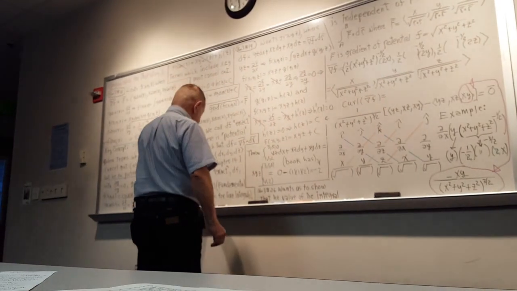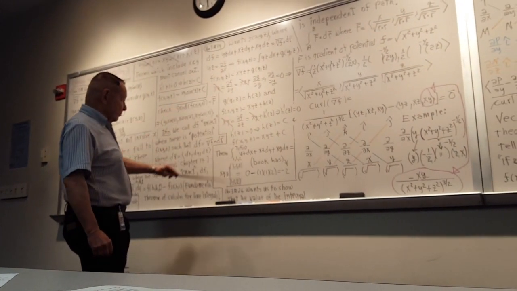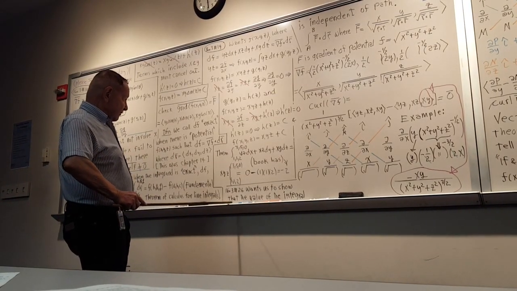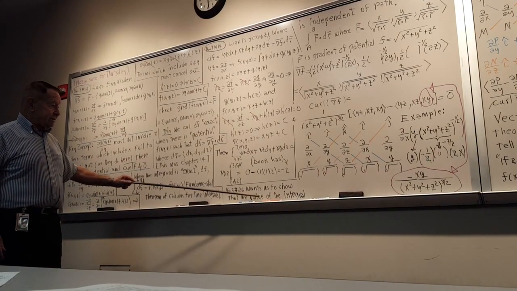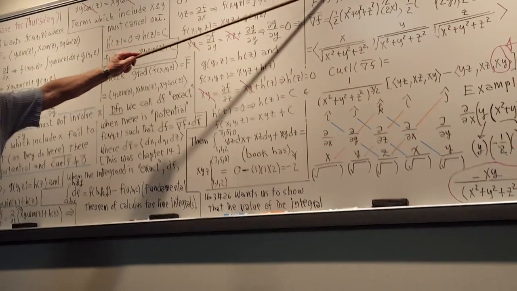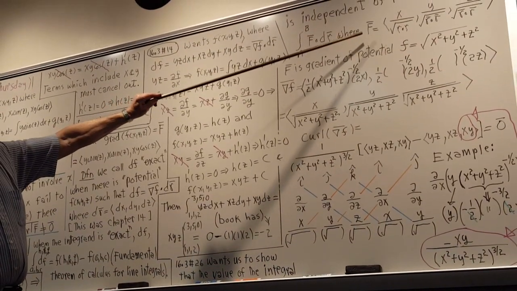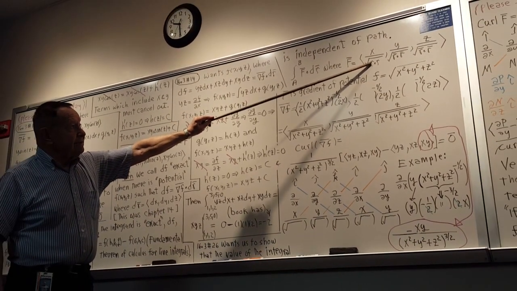So when we take a look at, well, I guess this one was problem 14. So then the last thing here, if you look at problem 26, it wants us to show the value of the integral a to b f dot dr is independent of path, where the f is like this.